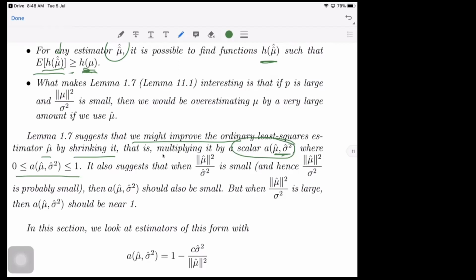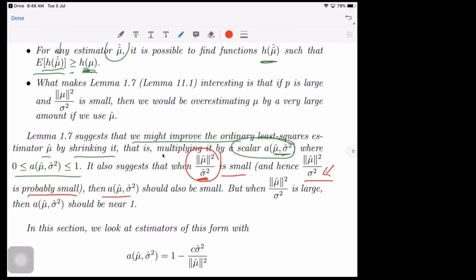So it also suggests that when this component in your length is small, and this is using the estimate theta hat, and it follows also the original parameter over sigma will probably be small.